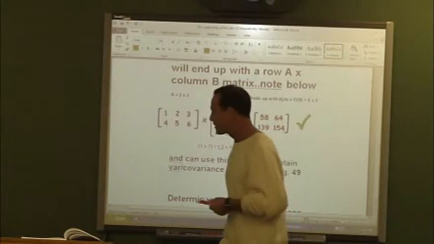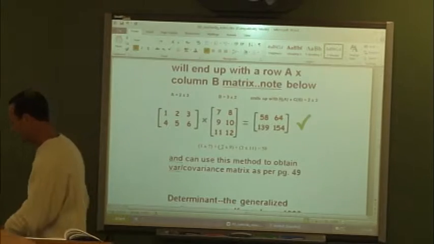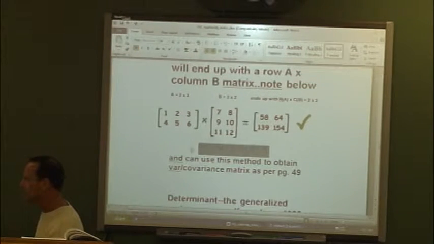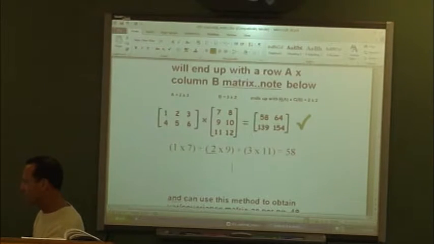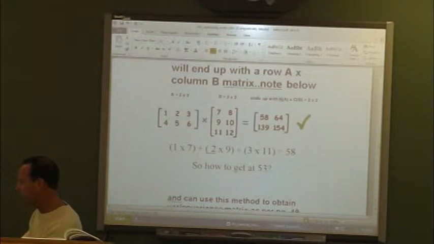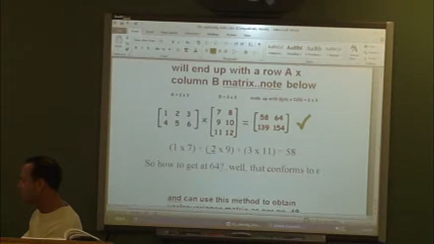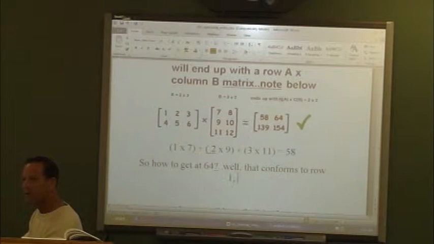So, thinking of it this way, everybody, how do we get 64? Well, that corresponds to row 1, column 2.